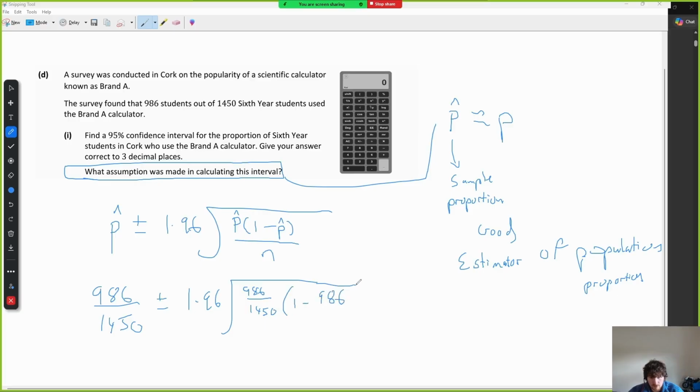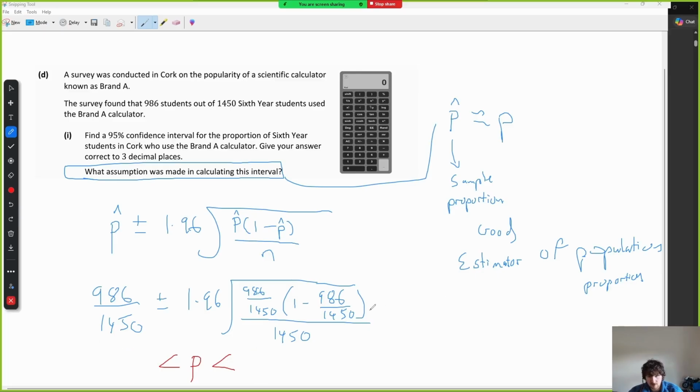This is actually the preferred way to write something like this out, showing you subbing in, all over 150. Now, once you do that, you write down in the middle here p, because we're trying to bound p in this confidence interval. So you have p is going to be greater than something and less than something. So we set this up in our calculator, and when we use the plus it'll be this value, and when we use the minus it'll be that value there.